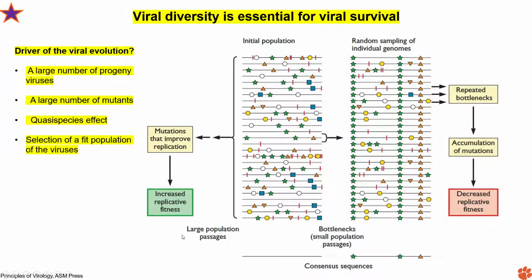So large population passages means that progeny viruses increase replicative mutations, improve replication, mutants replicate, and the quasi-species have all these genetic diversities that basically drive the viral evolution.